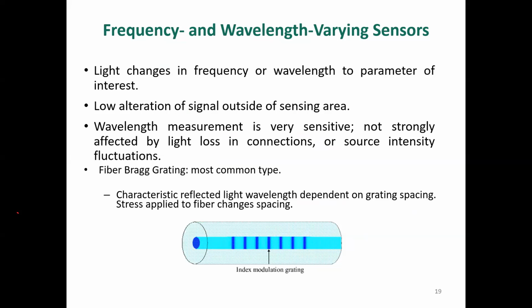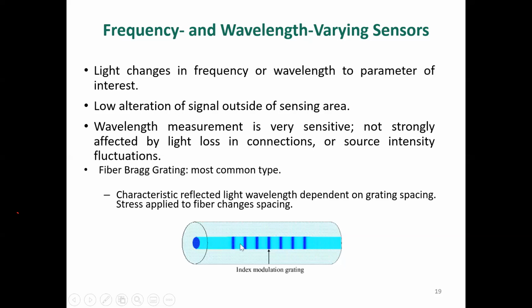And the most common type is the fiber Bragg grating, where in optical fiber, by some method, we make some high refractive index area and some low refractive index area. Where there is a high refractive index area, we have a different reflection of the light than in a lower refractive index area.